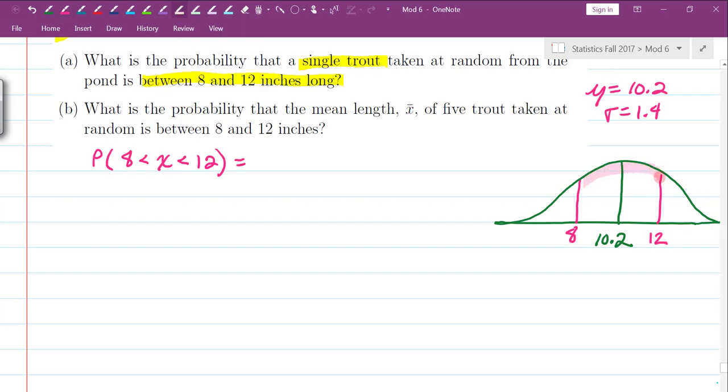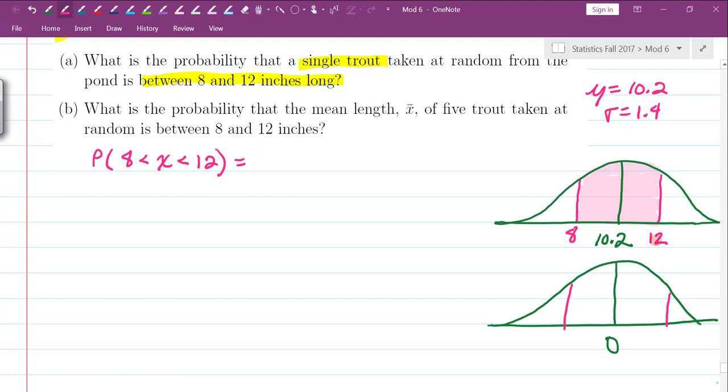In order to solve this, I must standardize each of these values and find the area under the curve associated with the standardized values. In the center is our mean. Now I need to find my negative z and my positive z. My negative z will correspond with my 8, and my positive z will correspond with my 12.